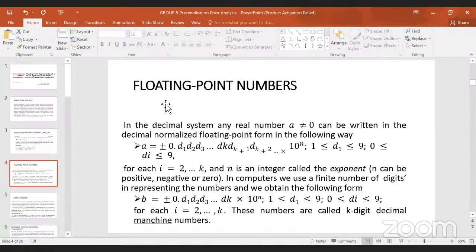Now, when we're dealing with computation in computers, we use a finite number of digits in representing numbers. Excuse me, you said any number raised to power 0 equals what? Any number raised to power 0 is equal to 1, sir. Is that correct? Yes, sir. So when you multiply 0 by a number, what does it give you?